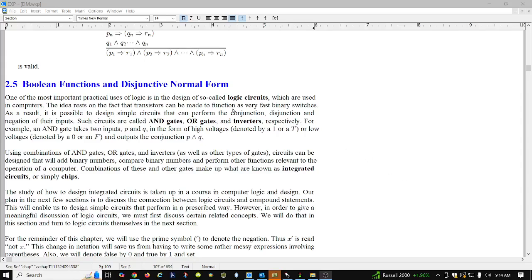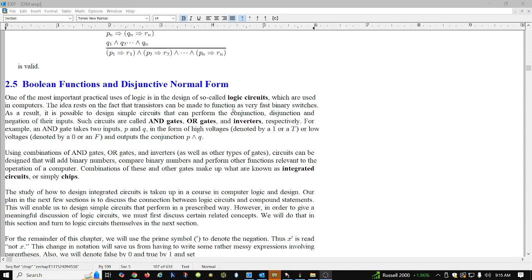In this video we're going to discuss Boolean functions in disjunctive normal form. One of the most important practical uses of logic is in the design of what are called logic circuits, which are used in computers. The idea is that transistors can be made to function as very fast binary switches.